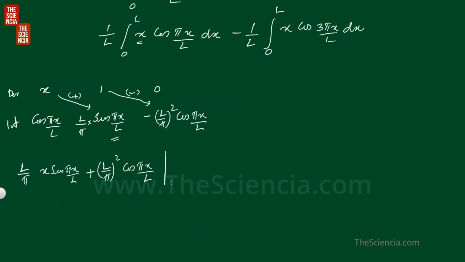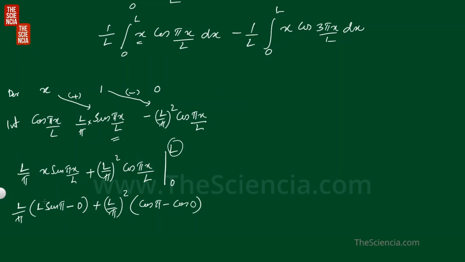Now we have to substitute the limits, 0 to L. First we substitute the upper limit in the first term, that is (L/π) into sin(πL/L), so we get sin π, minus the value for x equal to 0, which will be 0, plus (L/π) squared into cos π minus cos 0.